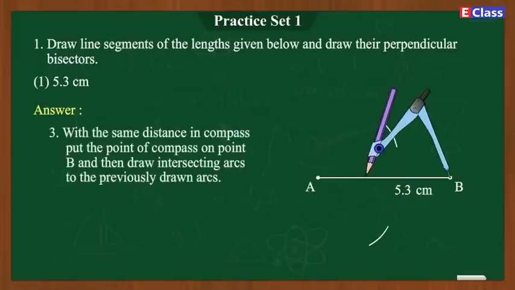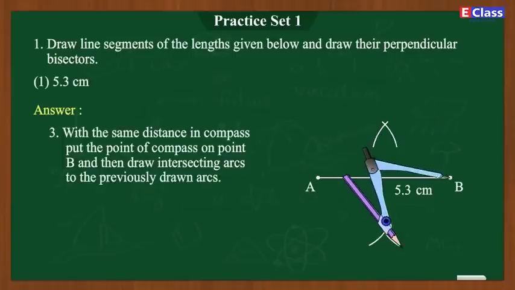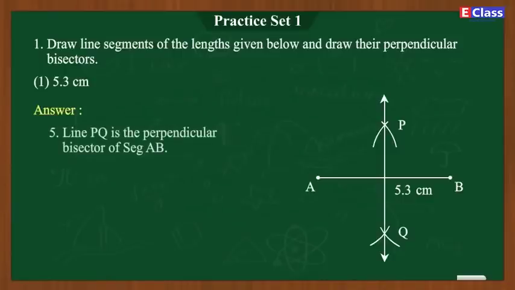With the same distance in compass, put the point of compass on point B, and then draw arcs intersecting the previously drawn arcs. 4. Name the points of intersection of the arcs as P and Q respectively, and then draw a line PQ. 5. Line PQ is the perpendicular bisector of segment AB.